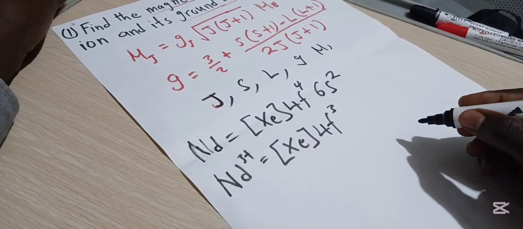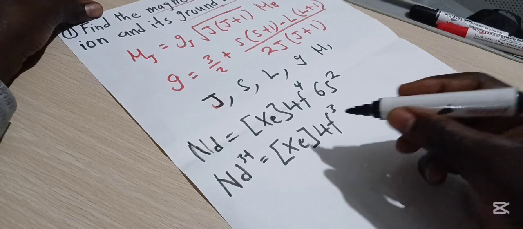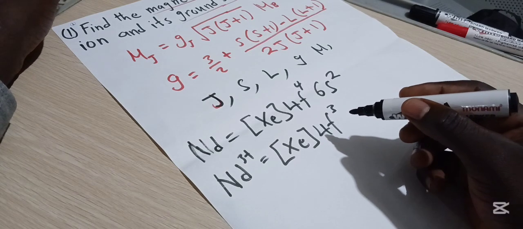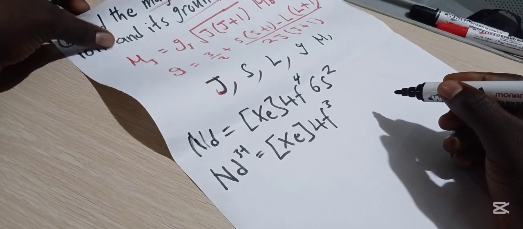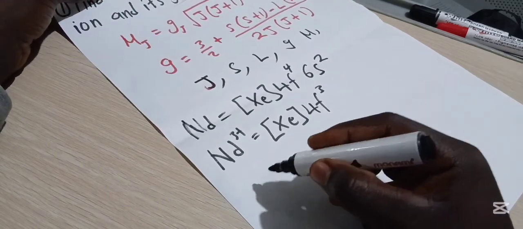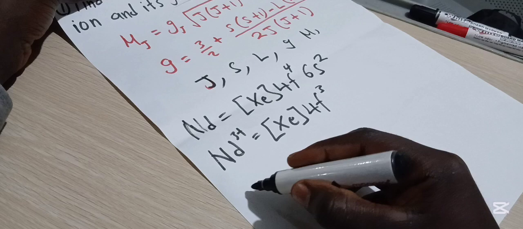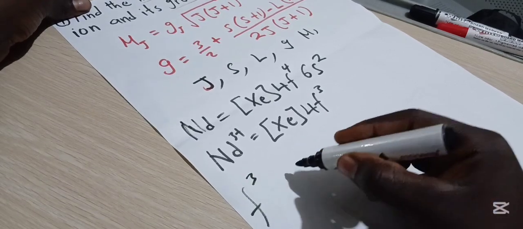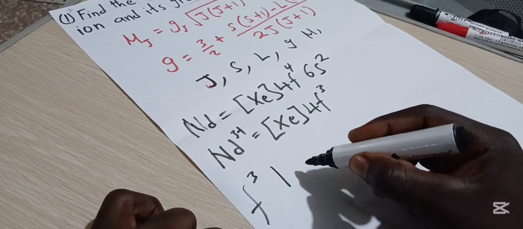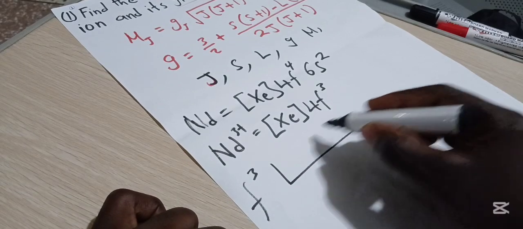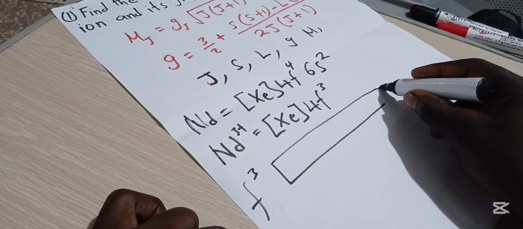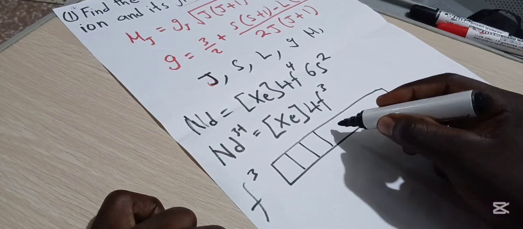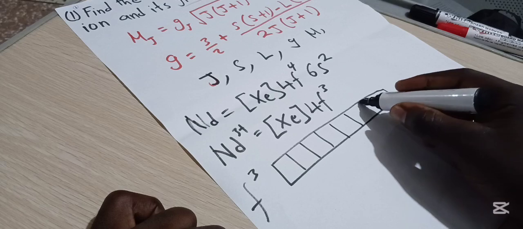And now, before we get the values for S, L, and J, we have to draw the orbitals for the f. So we are looking at f3, right? The f orbital has 7 suborbitals: 1, 2, 3, 4, 5, 6, 7.